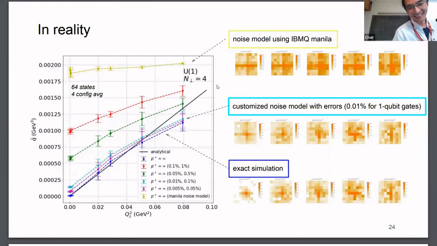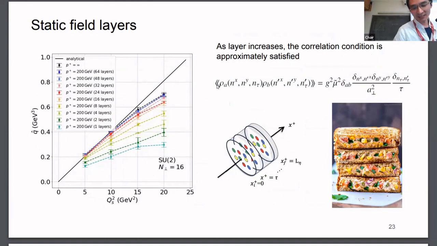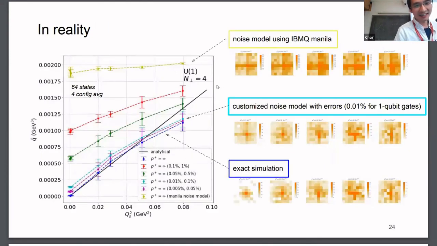Okay. So far you have seen the result on the simulator, and now I'll talk about what happens if we consider not only sampling noise, but also 1 qubit and 2 qubit noise. And the result isn't very good, as you can see here. The first line you see here is using the noise model, taking one particular IBM backend, which is Manila, and you can see the noise really hinders our ability to compute this quantity.